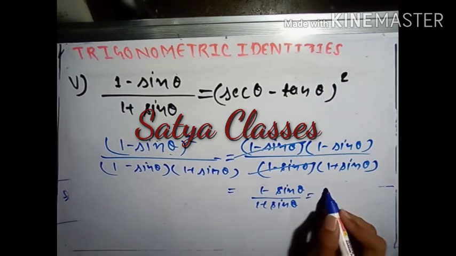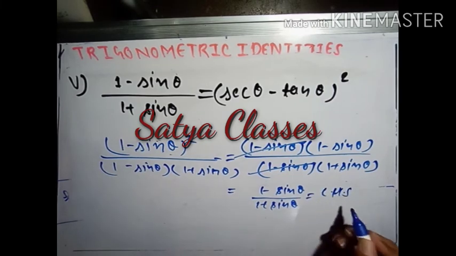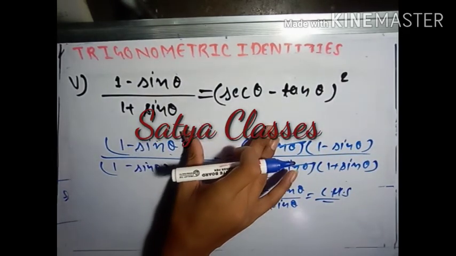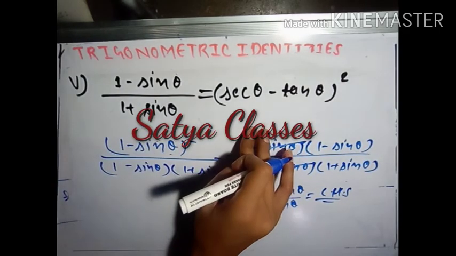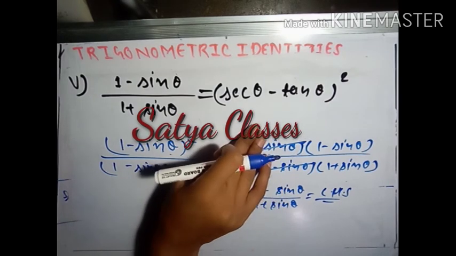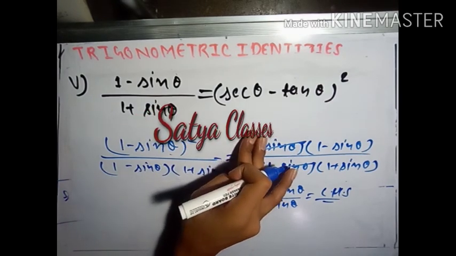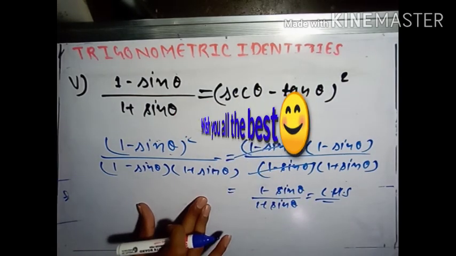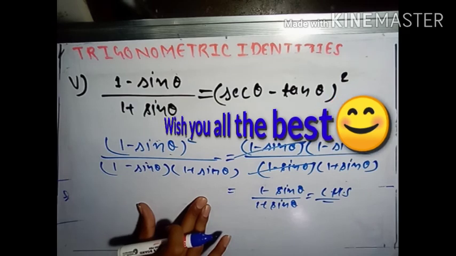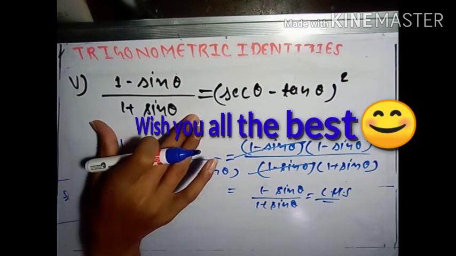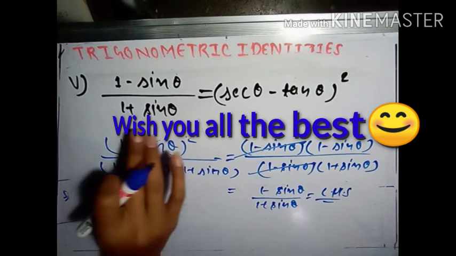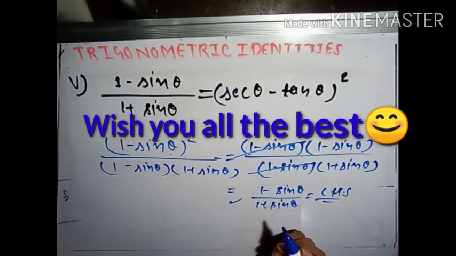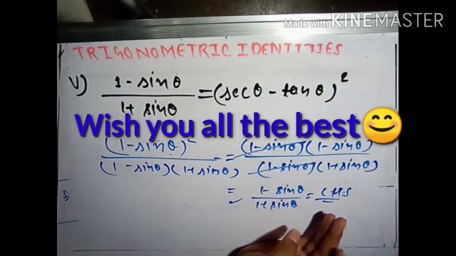This is your LHS. In this case I have taken the LHS, but you have the freedom to take RHS or LHS. Your answer will not be affected, but remember your steps should be in an appropriate manner, otherwise you will not reach the goal. My goal was 1 minus sine theta upon 1 plus sine theta, and look, I have fulfilled it by using proper steps.